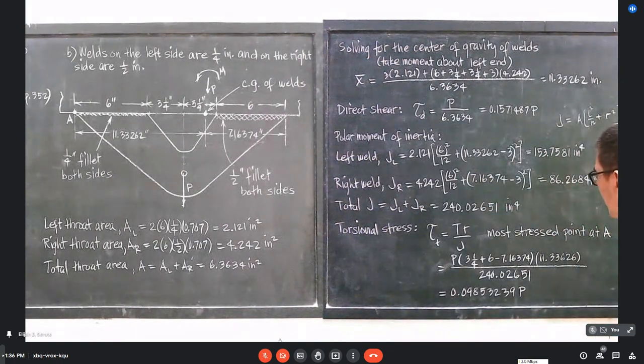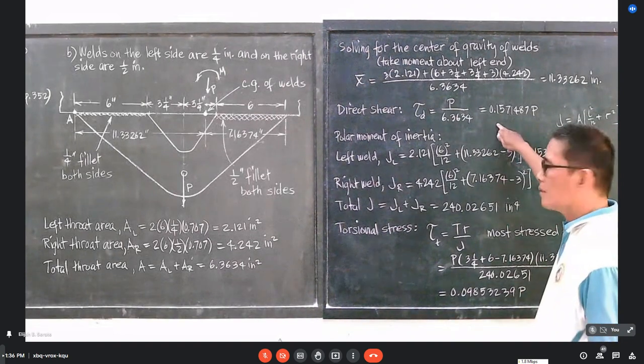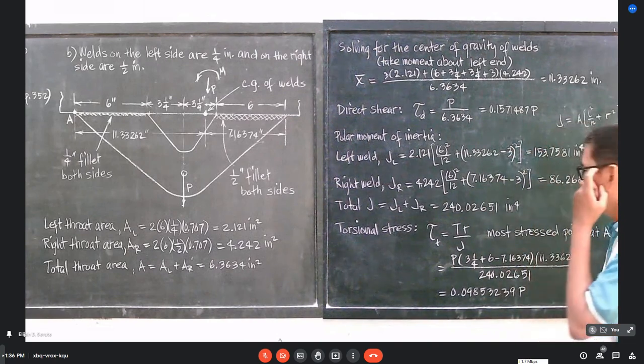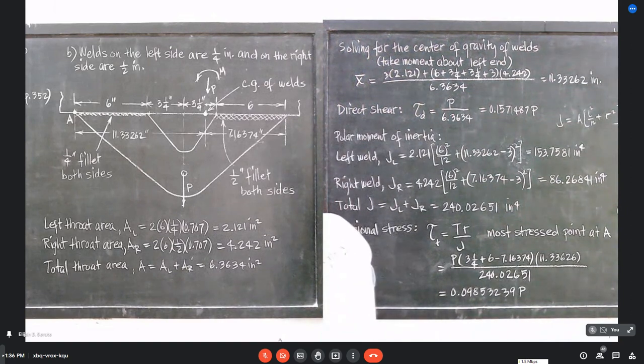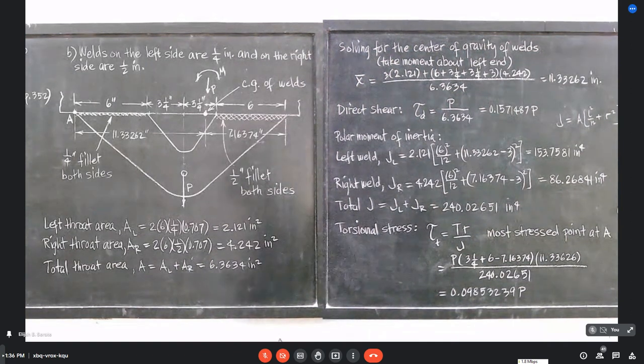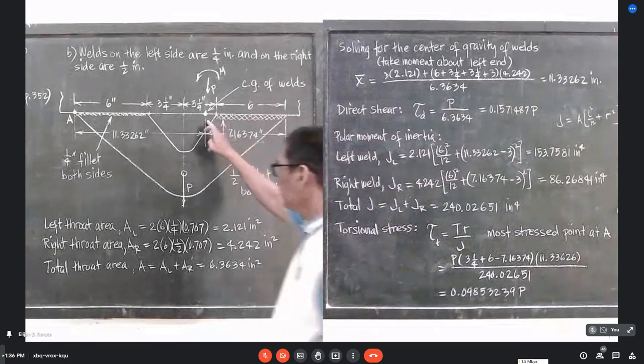The next question here is the torsional stress. We now have computed the direct stress. How about the torsional stress? PR over J. But wait, which part are we going to analyze for the torsional stress? The farthest from the center of gravity, which is where? At A, this is the farthest.